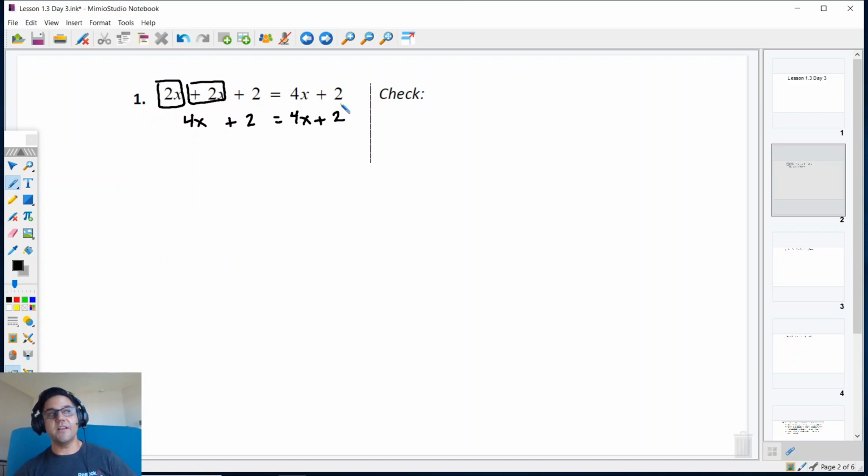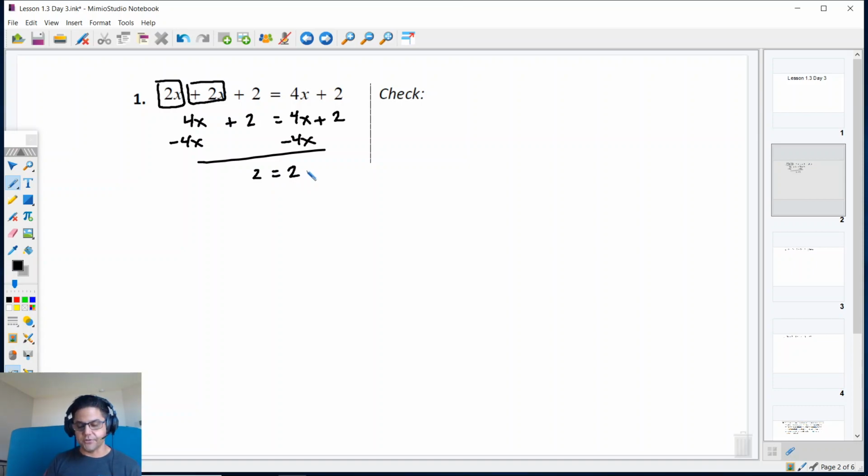What this is called is an identity, because they are identical. If I subtract 4x on both sides, I get 2 is equal to 2, an identity, because they are identical.